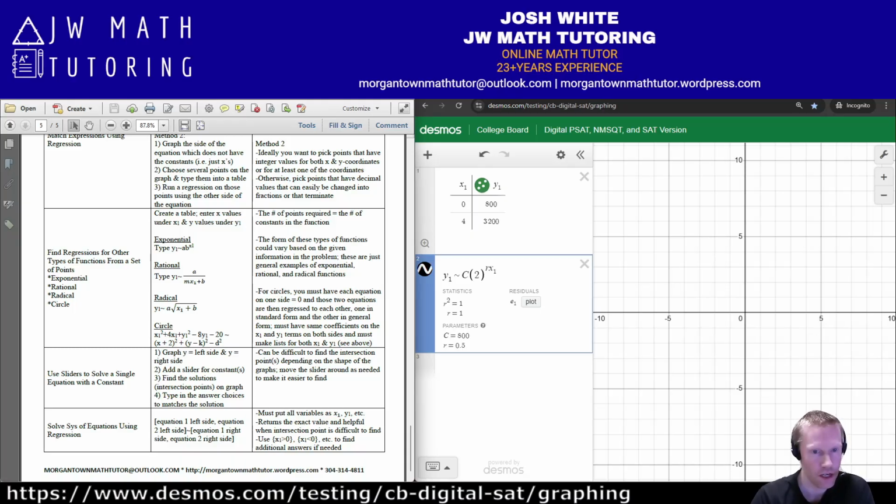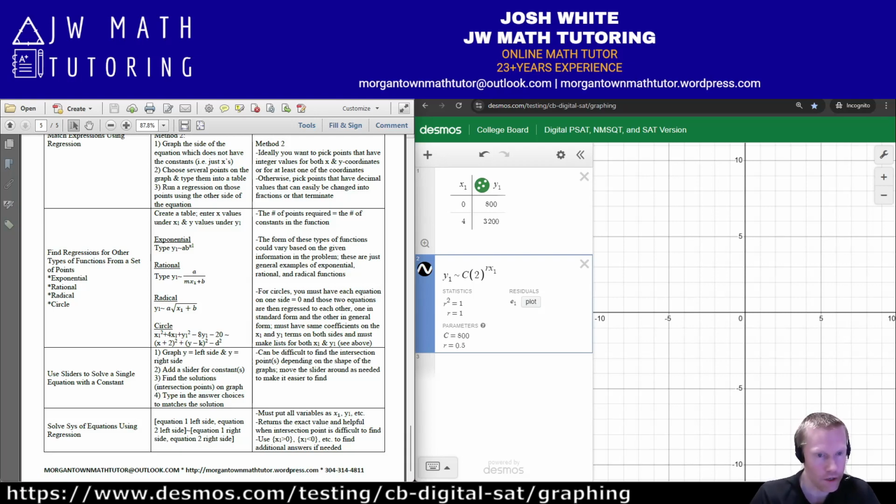And then on the other side, you would have the equation of the circle in standard form, (x minus h) squared plus (y minus k) squared equals r squared. What you have to do is take each circle equation and get it equal to 0. And then those two things that are equal to 0, those are what you are going to regress to each other to find the center or radius of the circle.